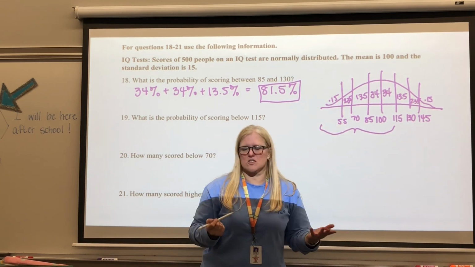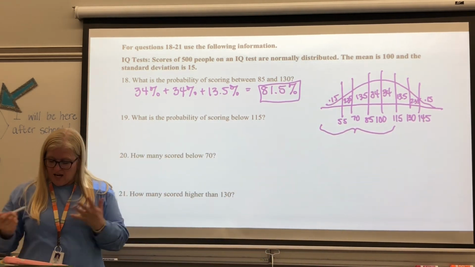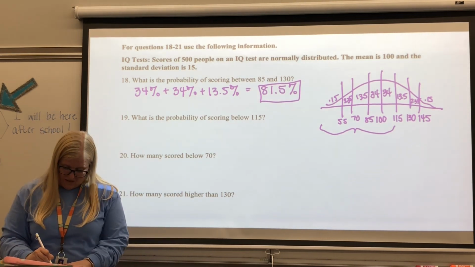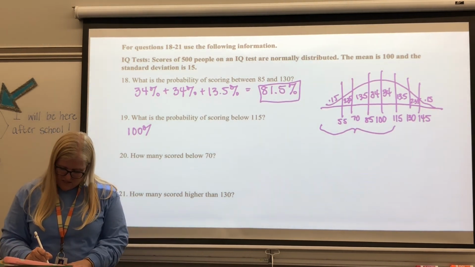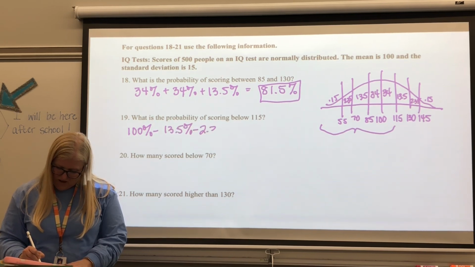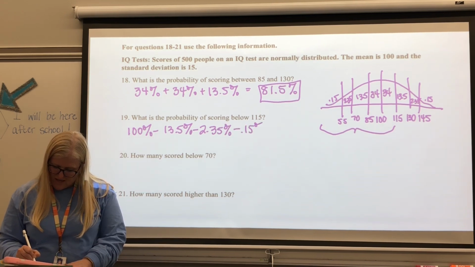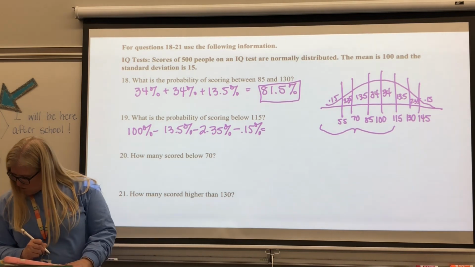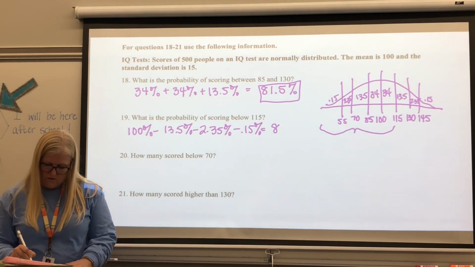I think I'll do that just because it's faster, but you could do it either way, you'll get the same thing. So 100% minus 13.5% minus 2.35% minus 0.15% gives you 84%.